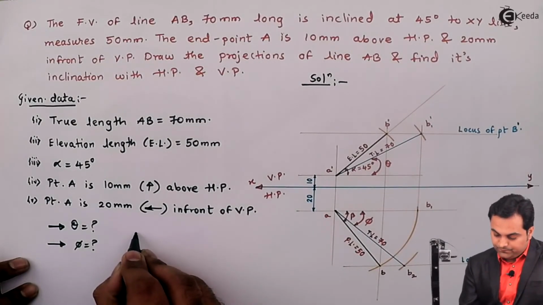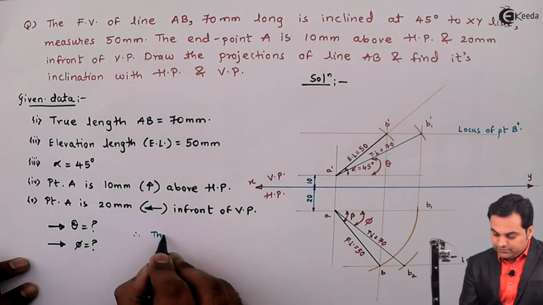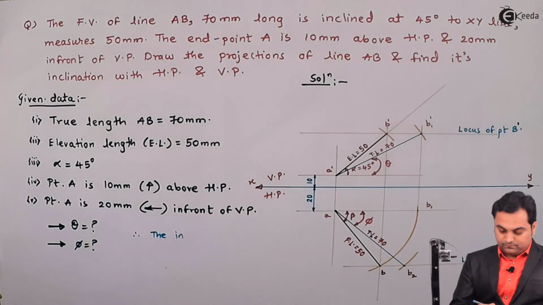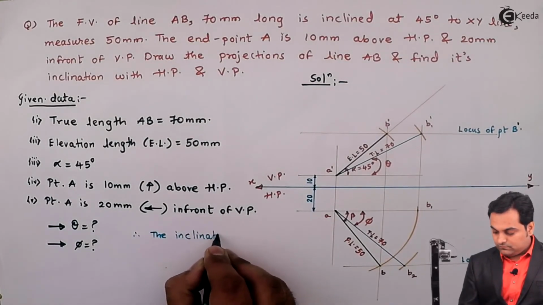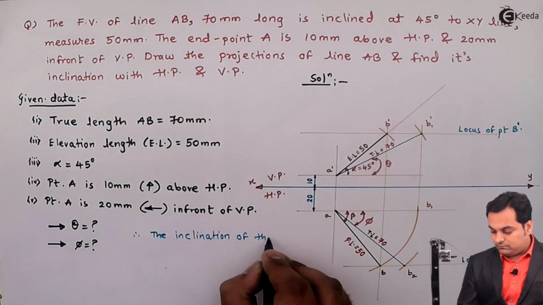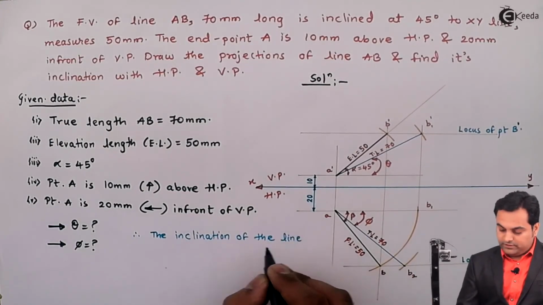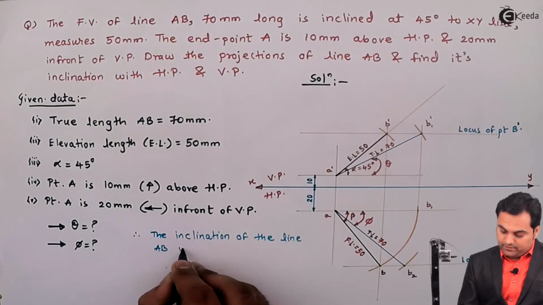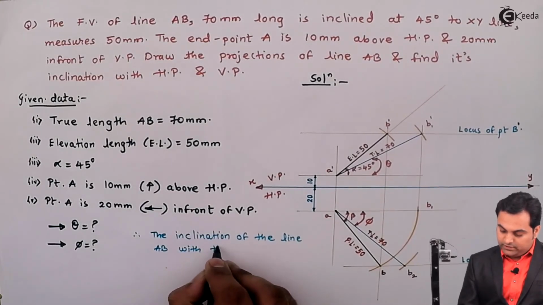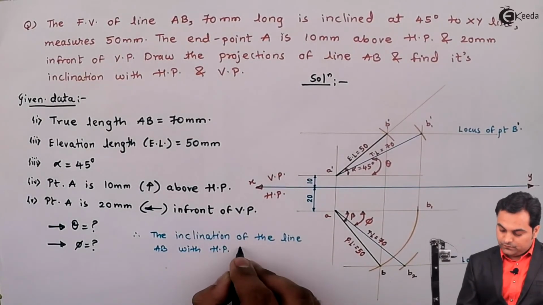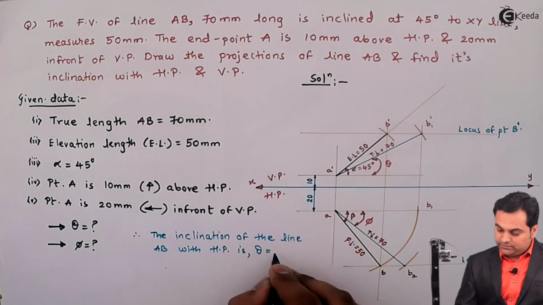Therefore the inclination of the line AB with HP is theta is equal to 30 degree.